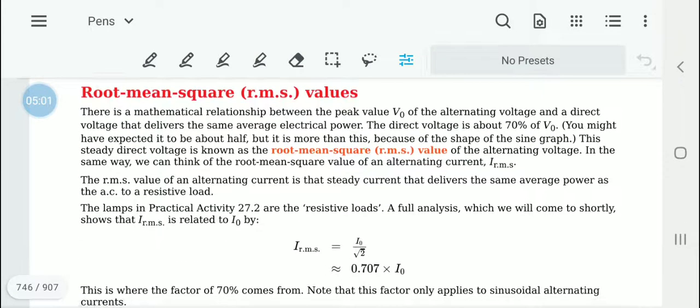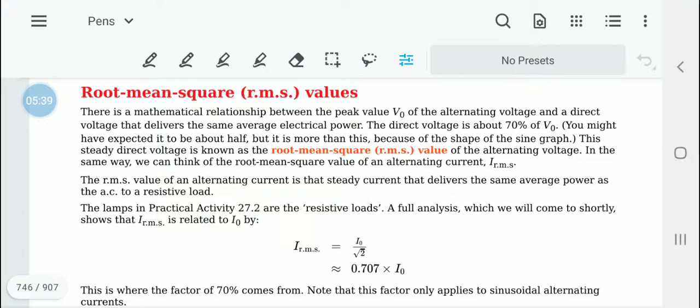Leave a line and write the relationship between the peak value VO of the alternating voltage and a direct voltage that delivers the same average electrical power is defined as the root mean square value, the RMS value, of the alternating voltage.